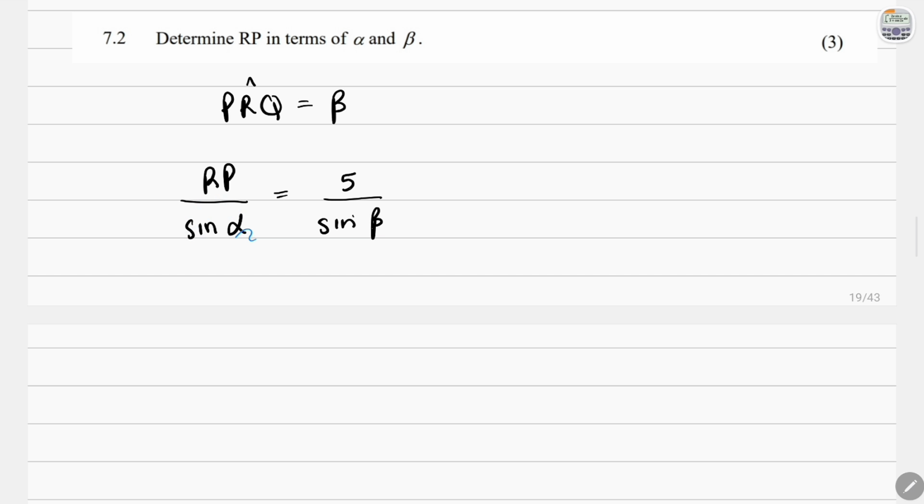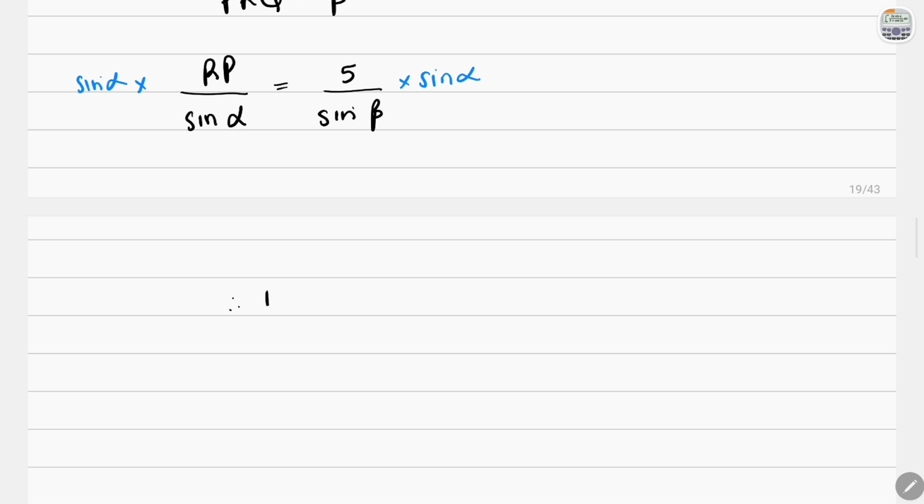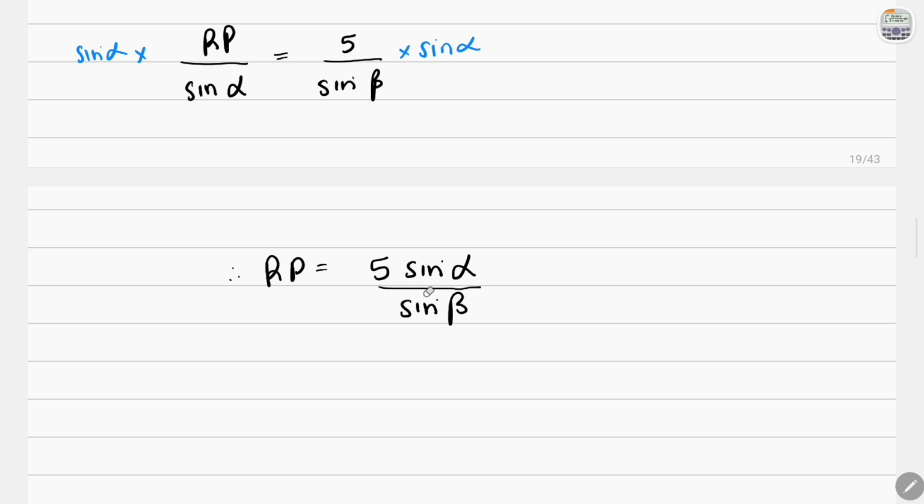To do that, we need to get rid of this sine alpha, so multiply by sine alpha on both hand sides of this equation. Therefore, RP is equal to 5 sine alpha over sine beta, and that is our answer. You can also write 5 and then sine alpha over beta. That's fine. Moving on to the next question.